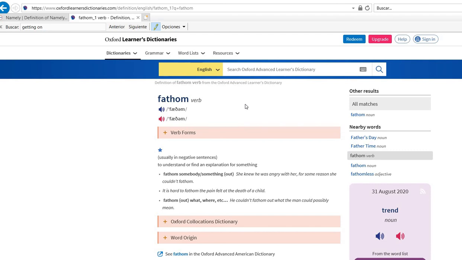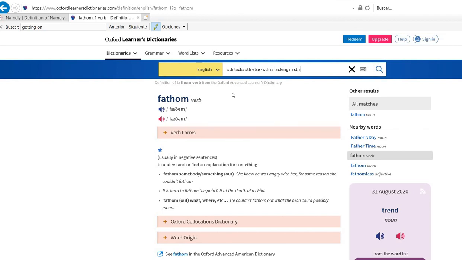Something is crying out for, you really need something. Something is lacking in. So remember this: something lacks something else, or something is lacking in something. Look at those two patterns.